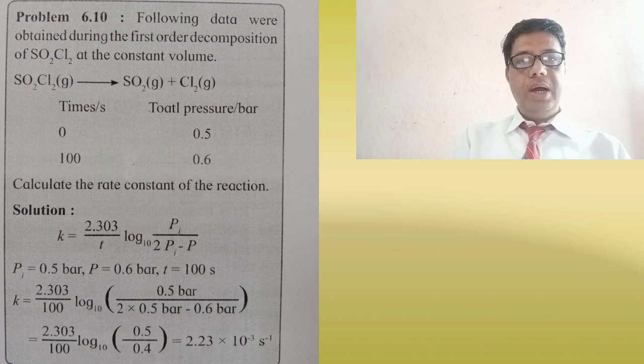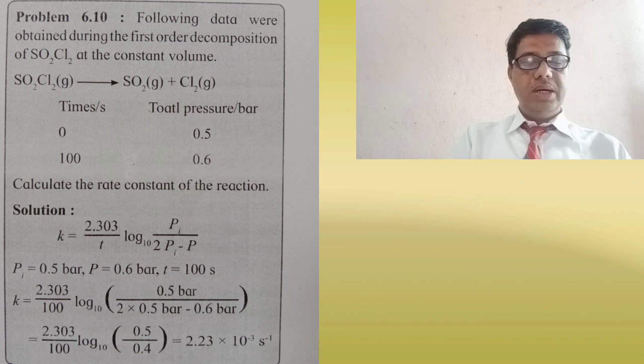Putting the values, k is equal to 2.303 upon 100 log to the base 10 of 0.5 bar upon (2 × 0.5 bar minus 0.6 bar), which is 2.303 upon 100 log to the base 10 of 0.5 upon 0.4. By solving this equation, our answer is 2.23 × 10^-3 second inverse.